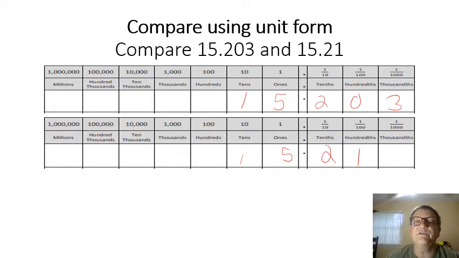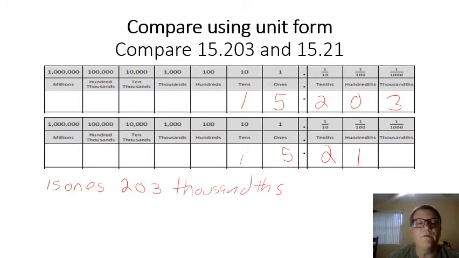I'm going to change it to unit form, and I'm going to split the whole numbers and the decimal up. Makes it easier. So I got 15 ones, 203 thousandths. And the second one, I got 15 ones. But this one, I got 21 hundredths.